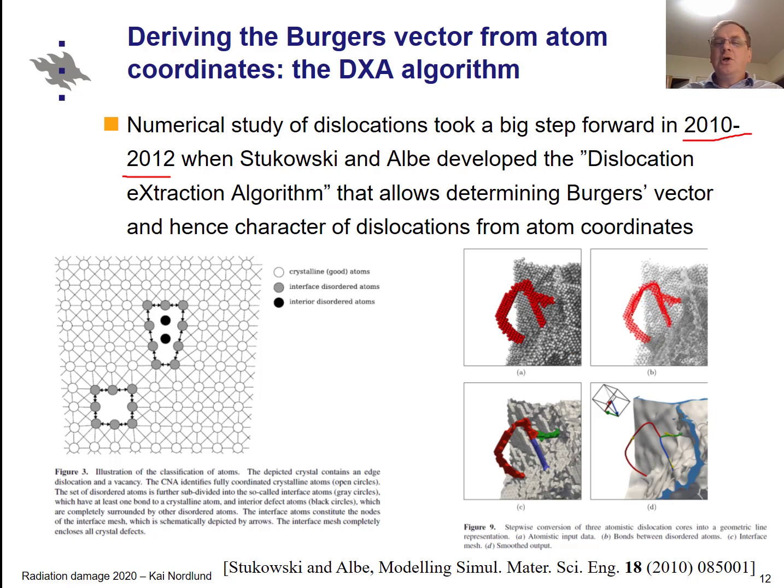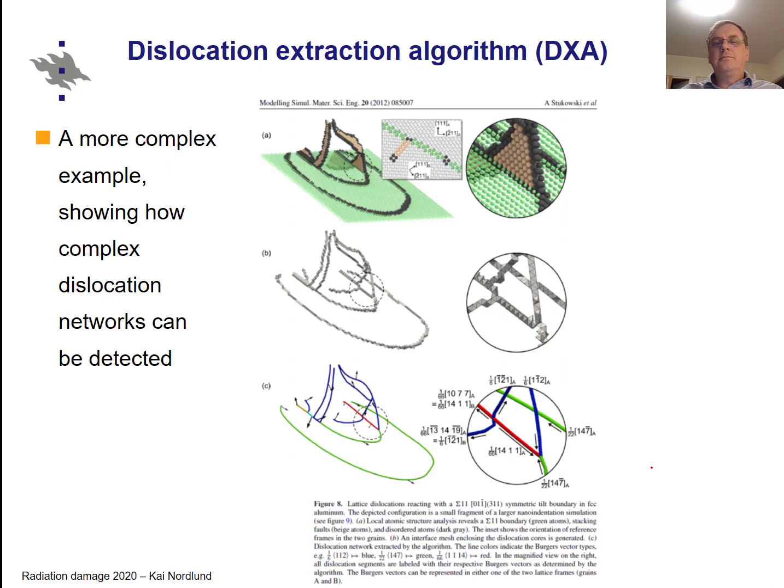But this dislocation extraction algorithm does it. If you have atom coordinates, first you analyze which atoms have imperfect neighborhoods, by what is known as CNA analysis, common neighbor analysis. Once you have done this, you construct the Burgers vector around this and then define a line-like segment which shows where the dislocation is. And this actually works for quite complicated dislocations.